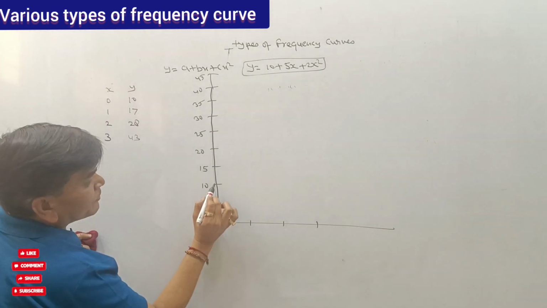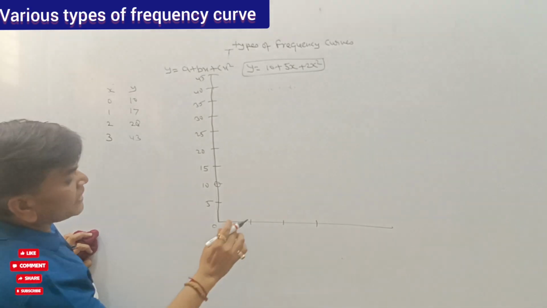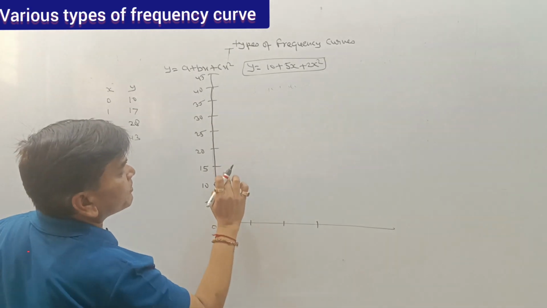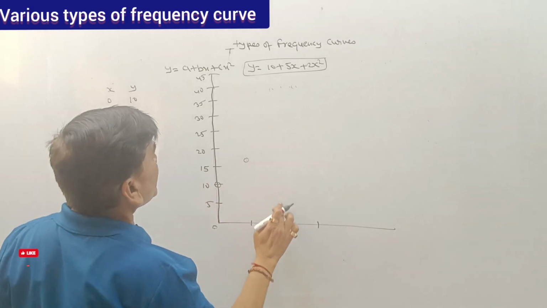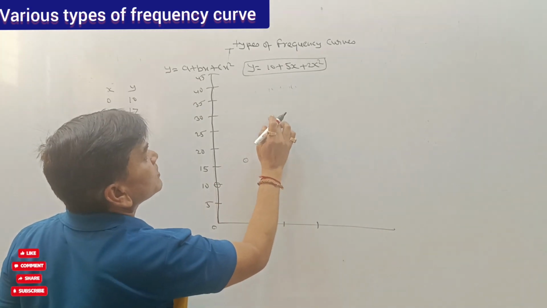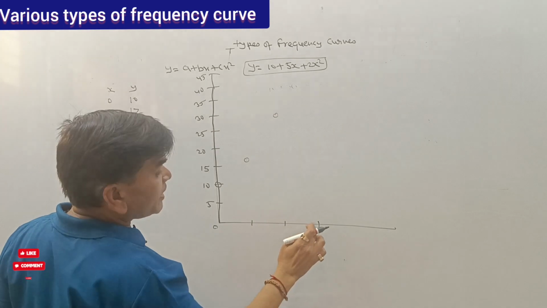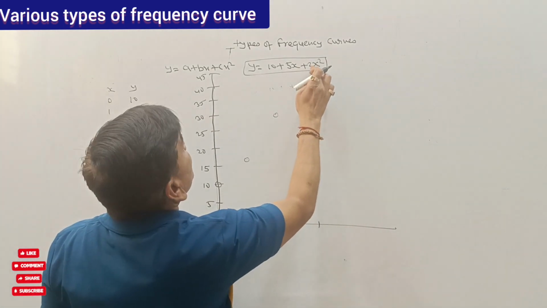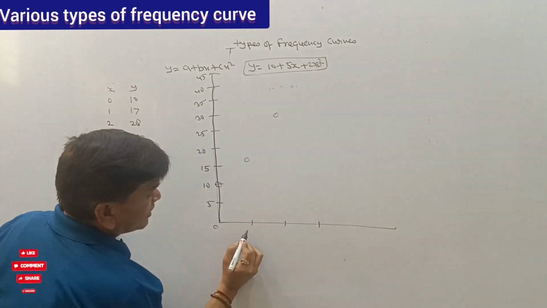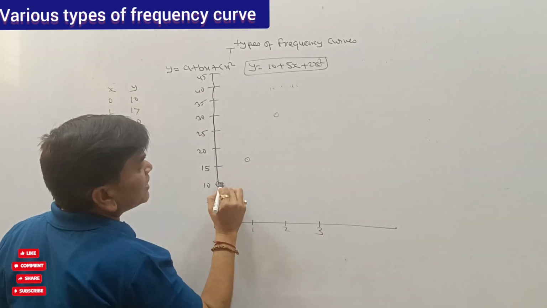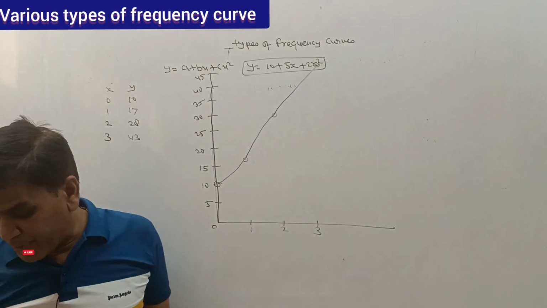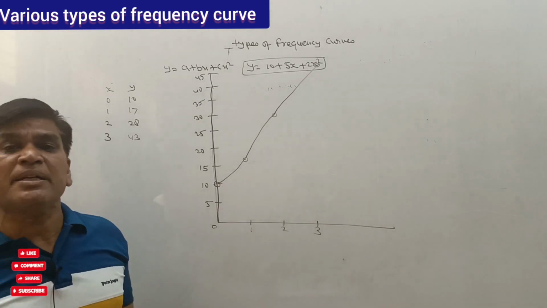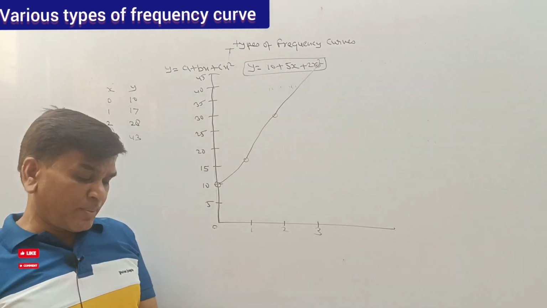The first one is 10, the second one is 17, the third one is 28, the fourth one is 43. So the graph will be in this shape. So if the graph is parabolic, there also you can draw the graph, no problem at all.